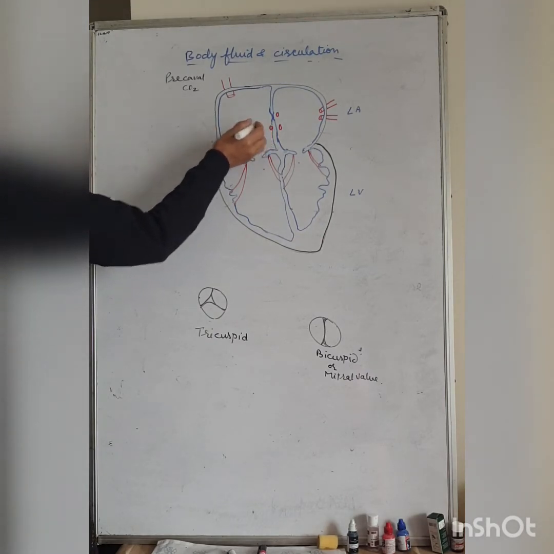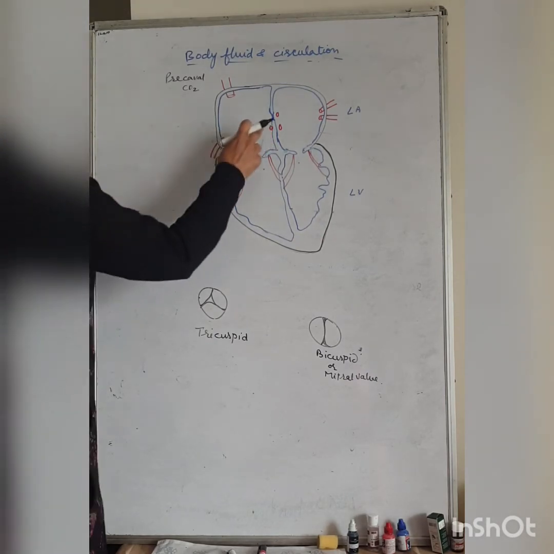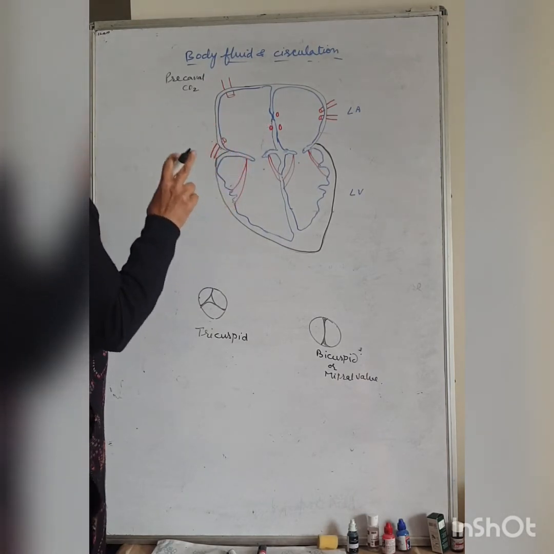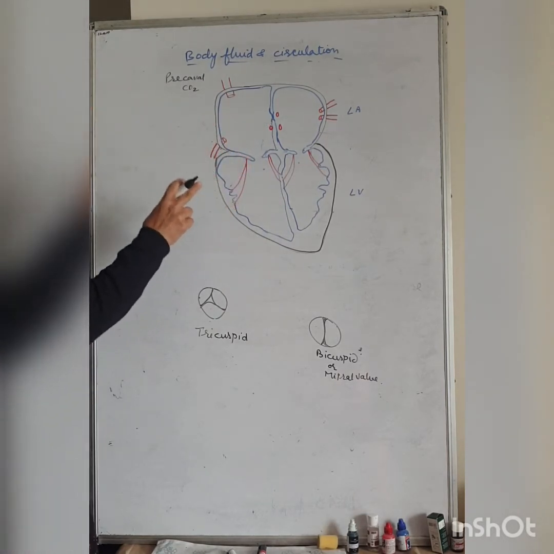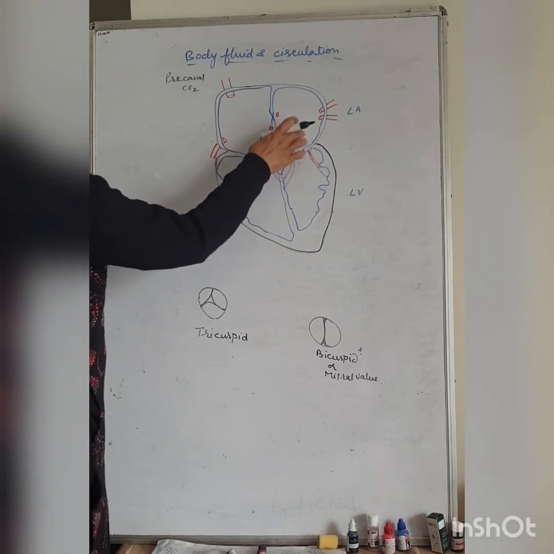And the coronary artery. The coronary artery is the blood vessel that supplies the blood to the heart muscles.